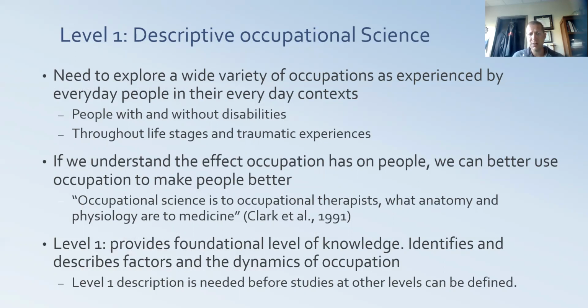And so Florence Clark, again, sort of the person who really coined occupational science, has a quote: "Occupational science is to occupational therapists what anatomy and physiology are to medicine." And so when you think about a doctor needing to know the anatomy and physiology of the human body, occupational therapists need to have that level of understanding about occupation.